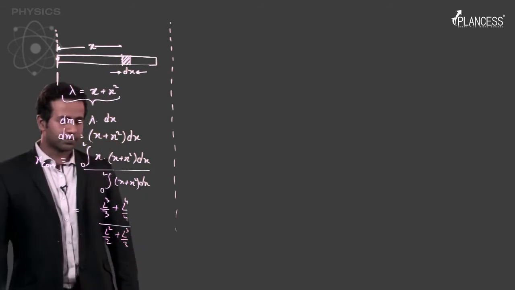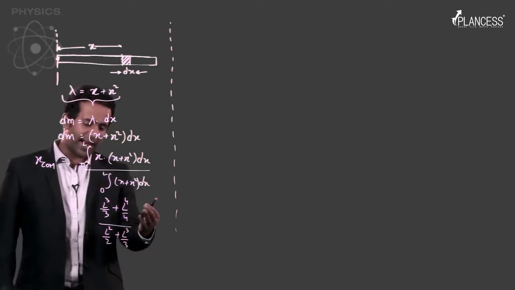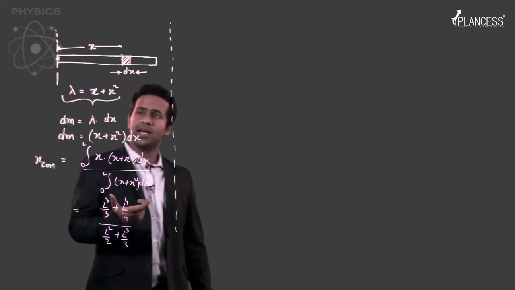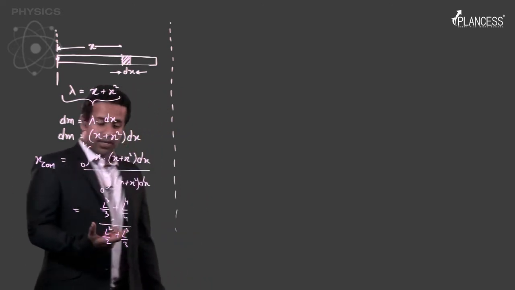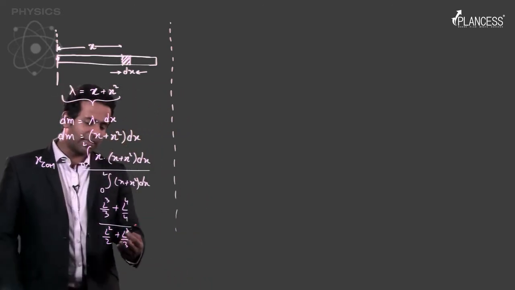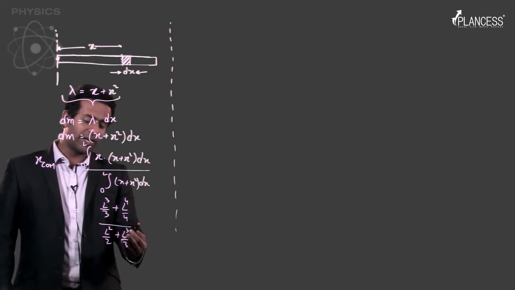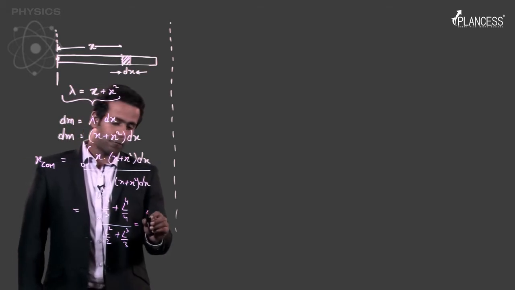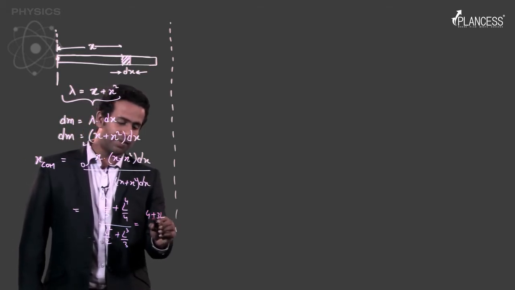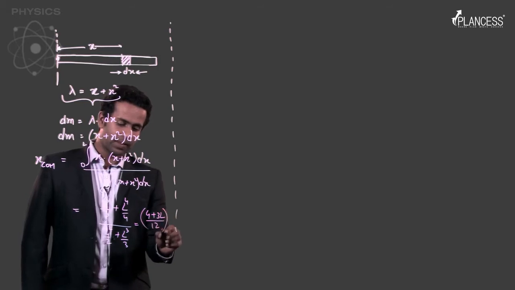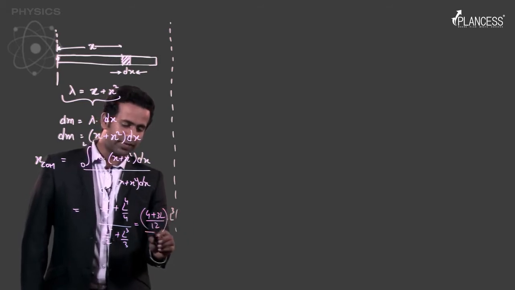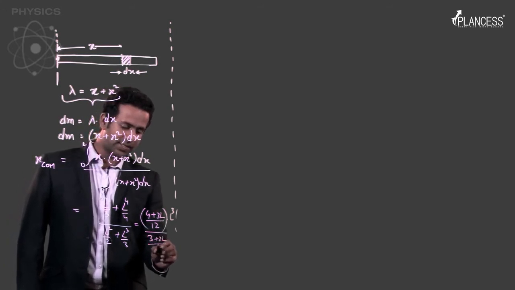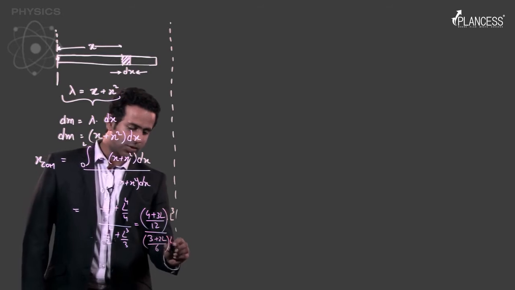Now let's take the least multiples that can be taken out: L square from the denominator and L cube from the numerator. So you would have (4 plus 3L) by 12 into L cube, divided by (3 plus 2L) by 6 into L square.